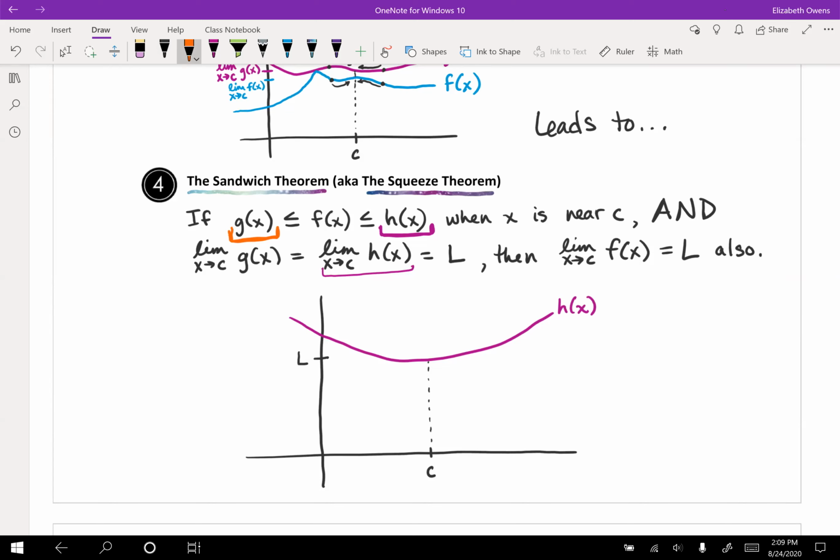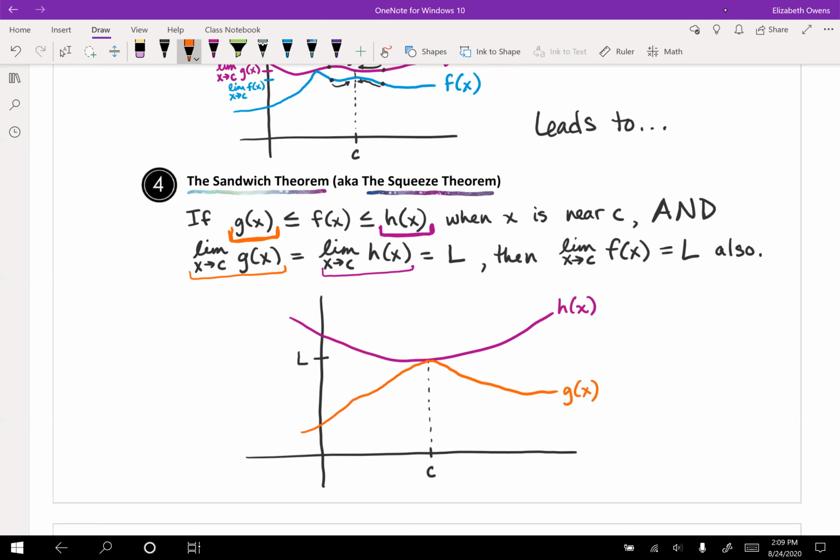Because notice that the requirements say that the limit as x approaches c of g of x has to equal L as well for this to work. So g of x is going to come in here. It's a smaller function, but it has to have that same limit. So as x gets close to c from both sides, g of x also has to approach that value L in the y direction.